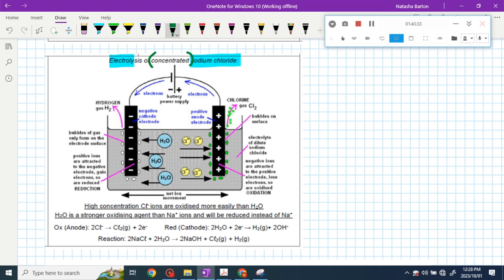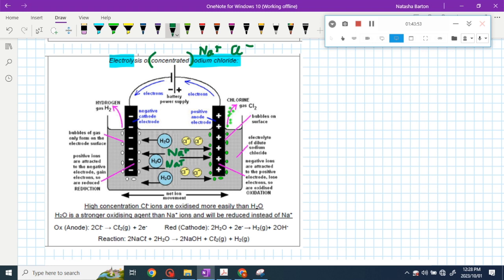What is happening over here, grade 12, is we have a container, and in this container we have sodium ions, Na+, because this is concentrated sodium chloride, and we have water as well.